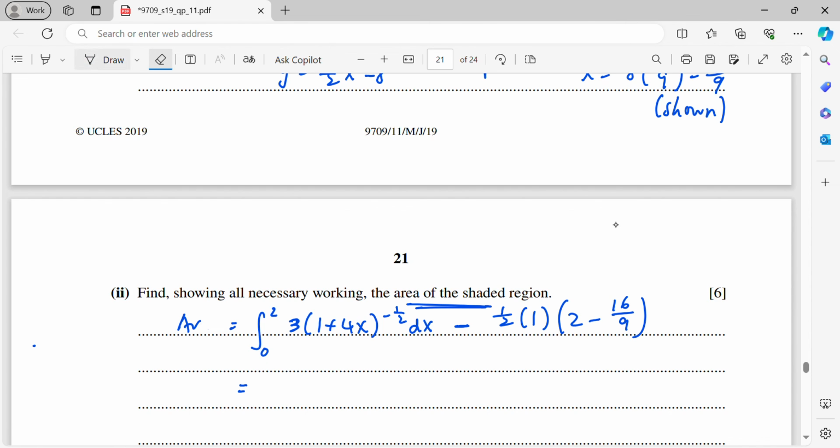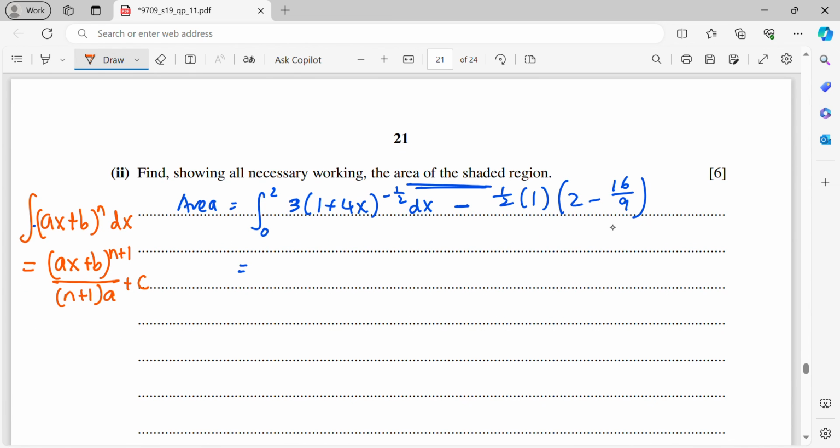Now the integration formula, integrate ax plus b to degree n dx. This is ax plus b. Instead of n, you change to n plus 1 degree, then over the new degree, and differentiate ax plus b is a, followed by plus c. This is the formula when n is not minus 1.